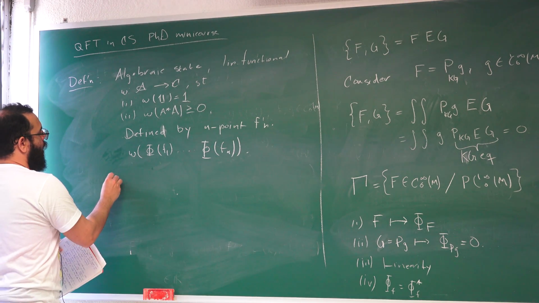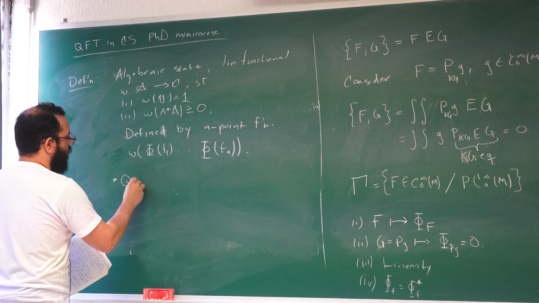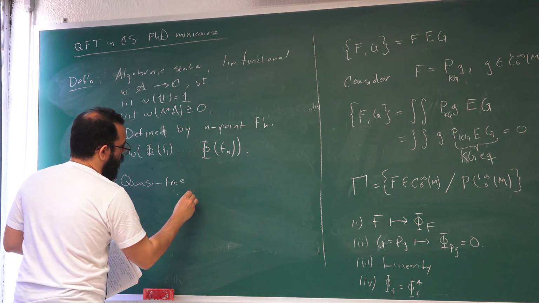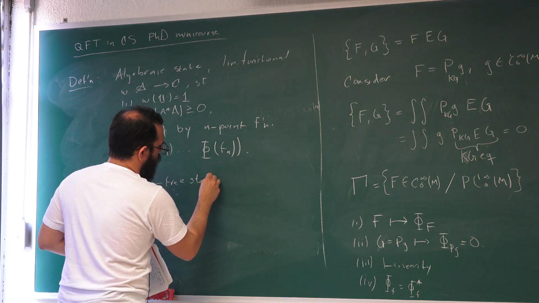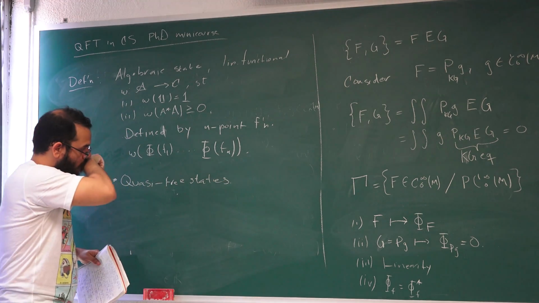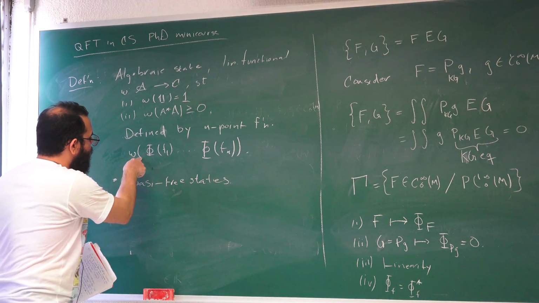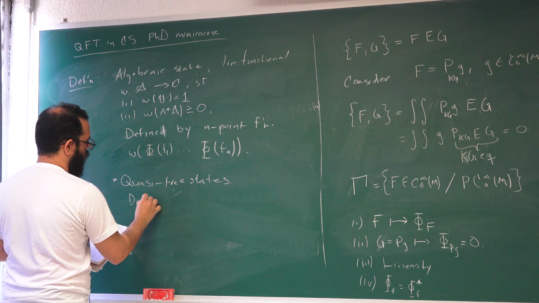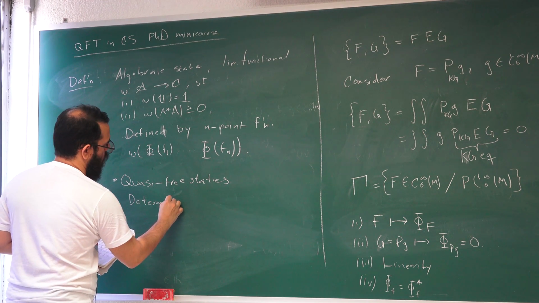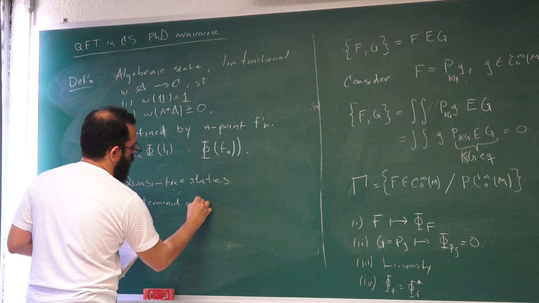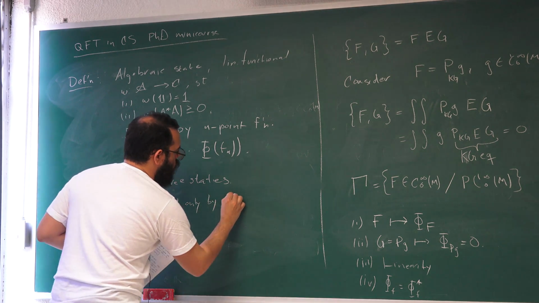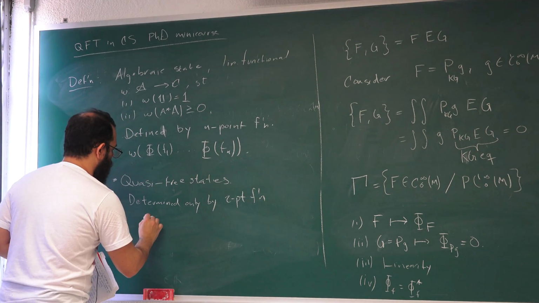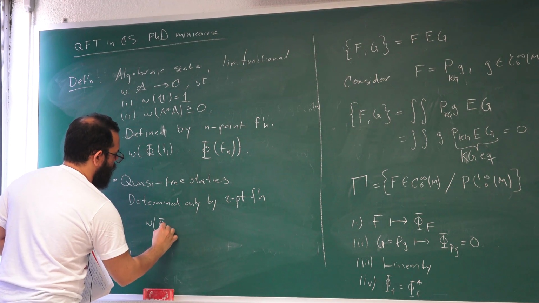Now, a very, very interesting class of states are called quasi-free states, and these are the ones that we will work with from now on. Quasi-free states are determined only by the two-point function. Okay?